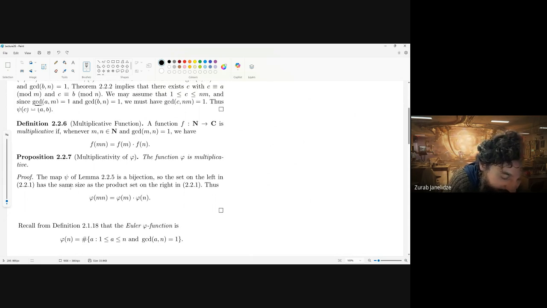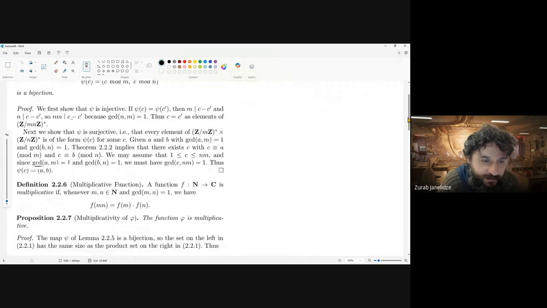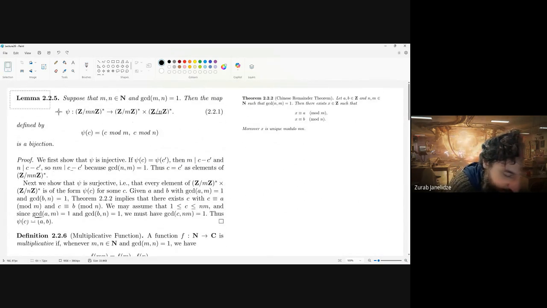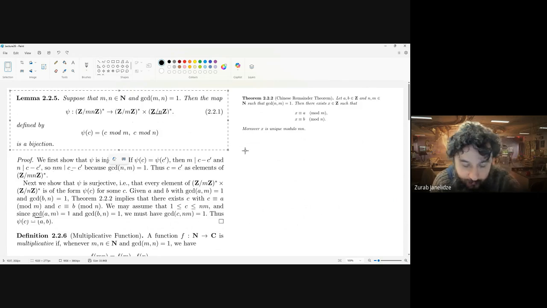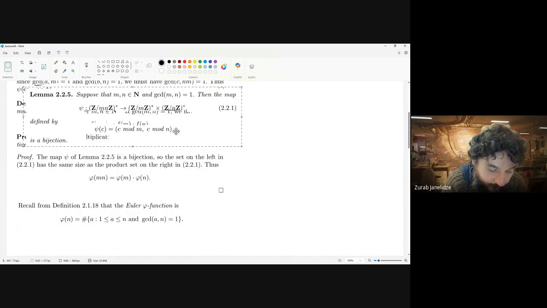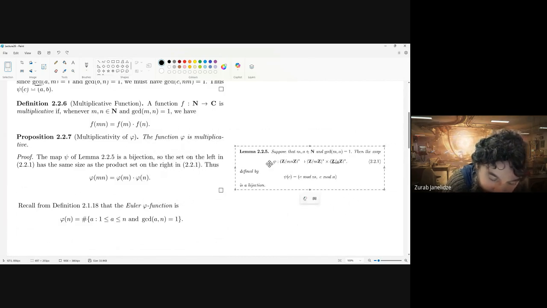The proof says that the map psi of the previous lemma is a bijection. Sure, that's what the lemma established, right? That this thing is a bijection. Let me actually move this on the right side so we can look at it as we're discussing the other proposition.